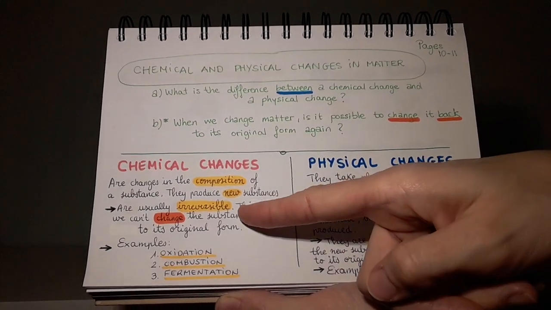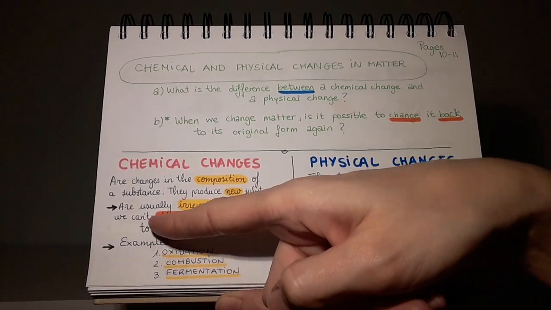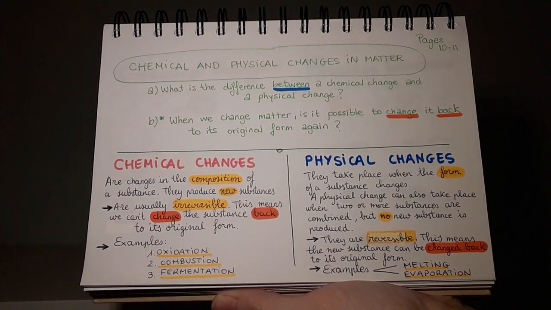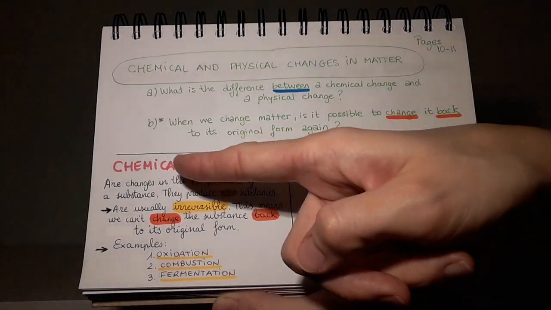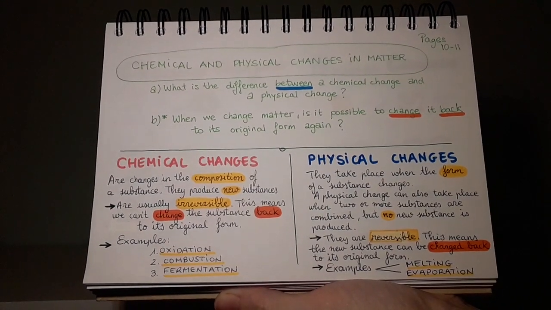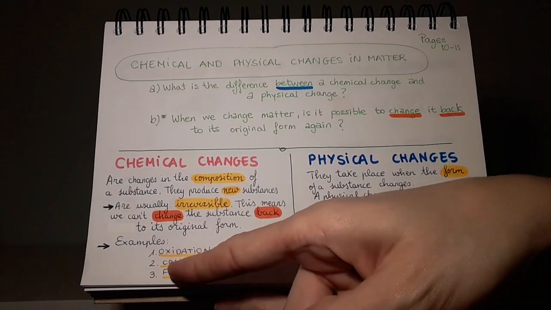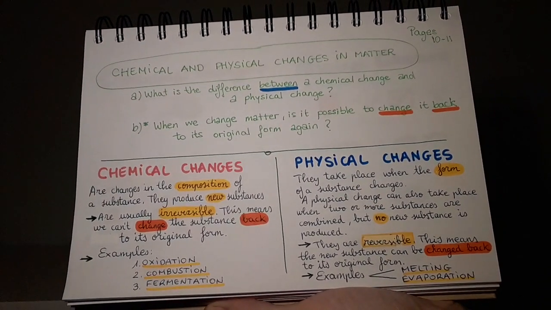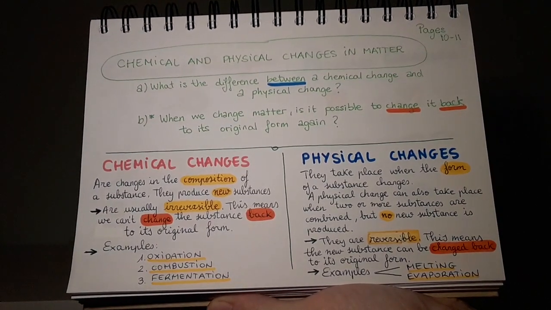Irreversible means that we can't change the substance back to its original form, okay? So chemical changes are irreversible. What examples do we have to study? Here we have three, which are oxidation, combustion, and fermentation.